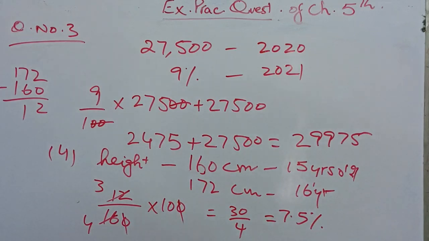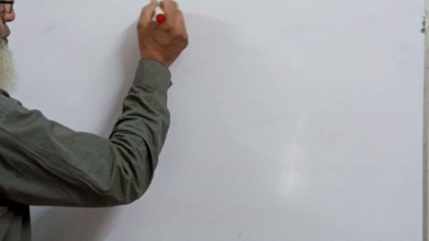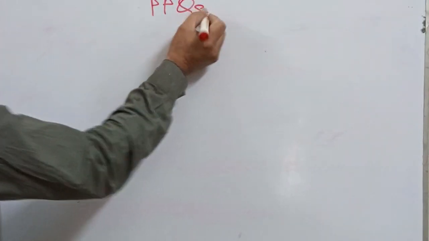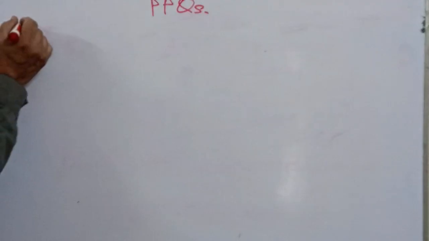So 4 questions. Okay. These were the examination practice questions. Now we are going towards the past paper questions, and I hope that I will be able to solve only 1 or 2 questions. Okay, and now past paper questions, PPQs. Question number 1.